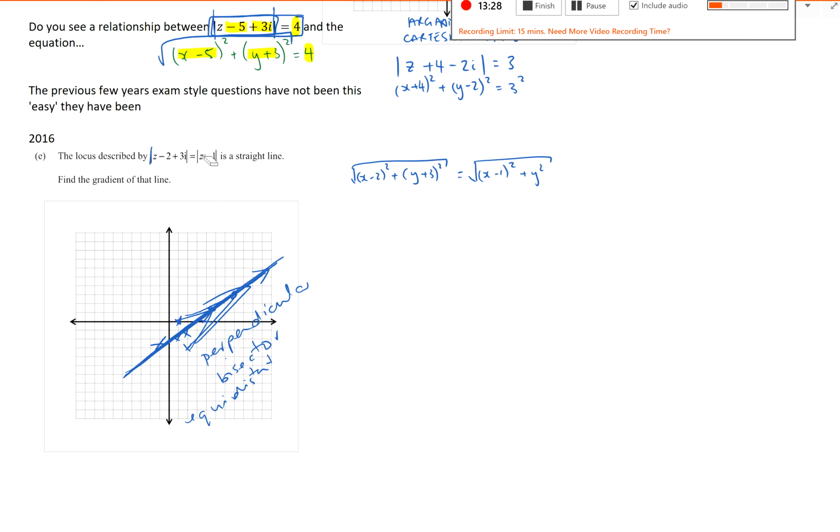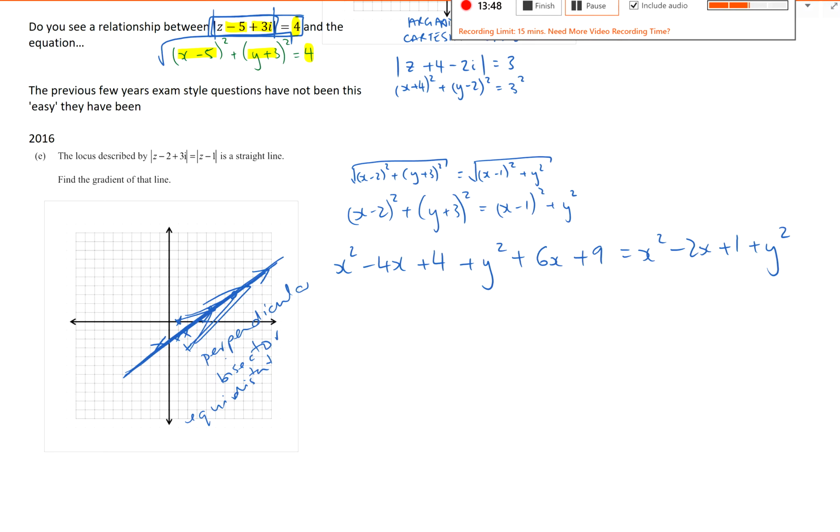Well, as I did in class, I just went, let's square both sides. With x minus 2 all squared plus y plus 3 all squared is x minus 1 all squared plus y squared. I'm running out of time, so I'm just going to cut it short. I'm just going to expand these brackets. Now I'm going to collect my like terms.